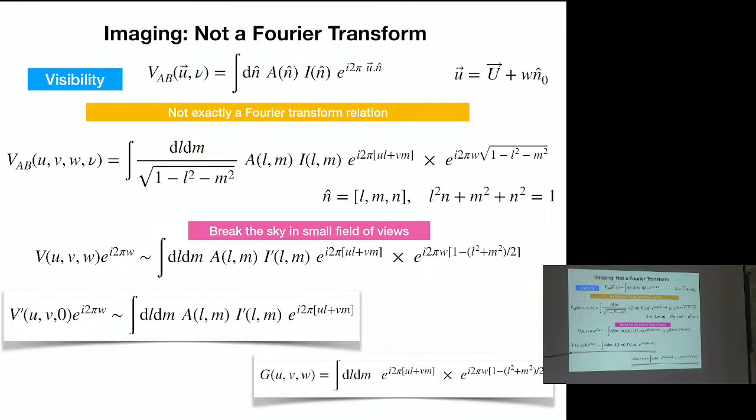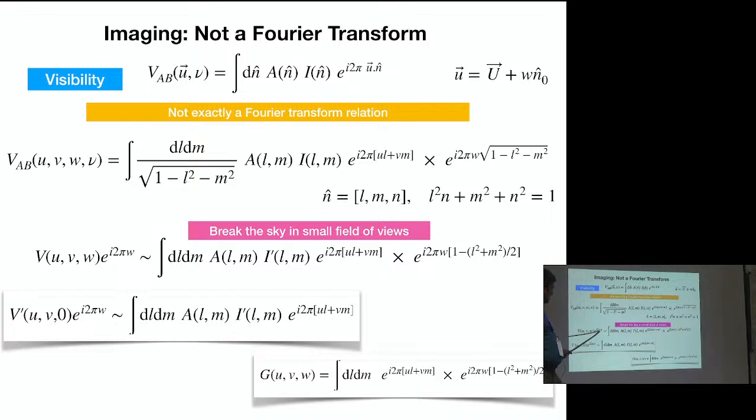Then I define this, which doesn't have this extra term. And I define a new thing called capital G, which is a Fourier transform of this extra term only. Or you can think of it in the following way. This is the Fourier kernel.